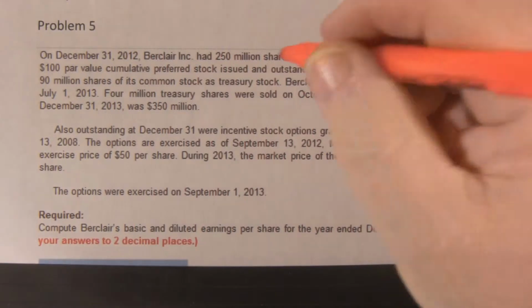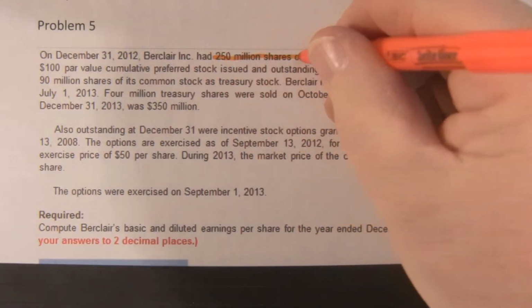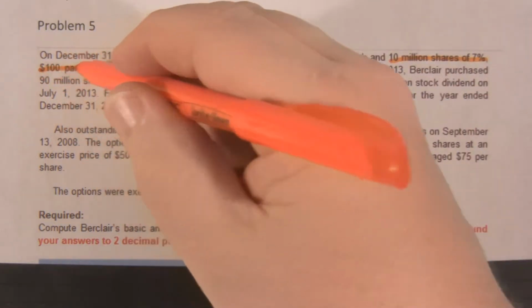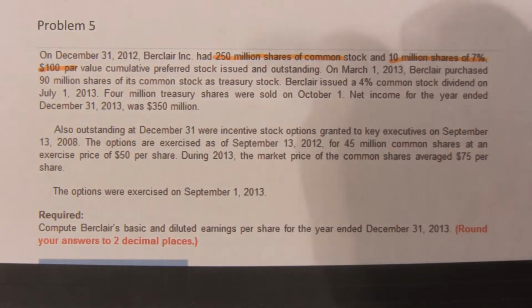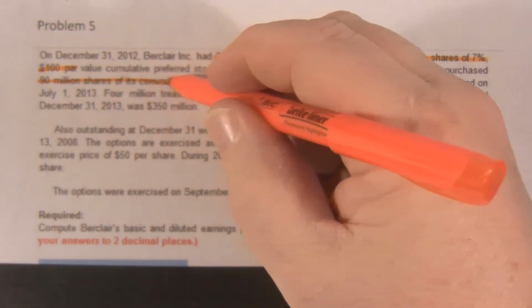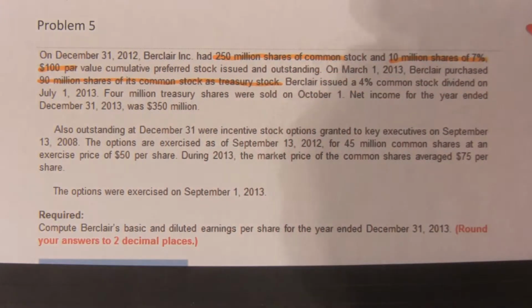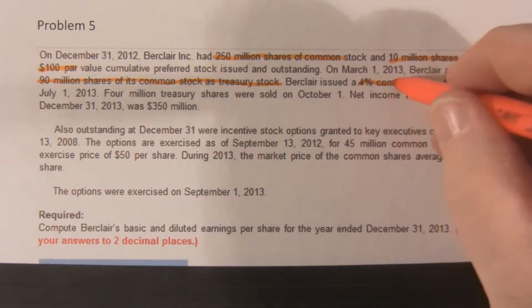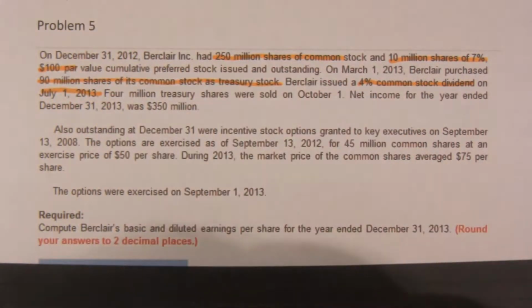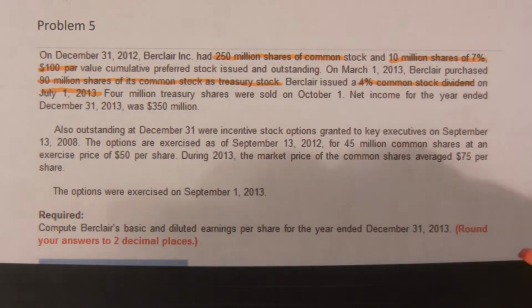So they had 250 million shares of common stock. We need that number. We had 10 million shares of 7% $100 par preferred. They purchased 90 million for treasury stock, issued a 4% stock dividend on July 1st, but remember, we always act as if stock dividends occurred the first minute of the first hour of the first day of the year.